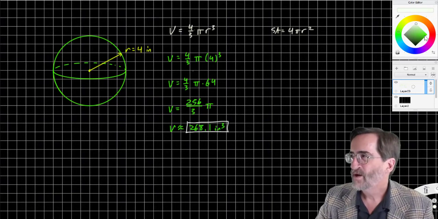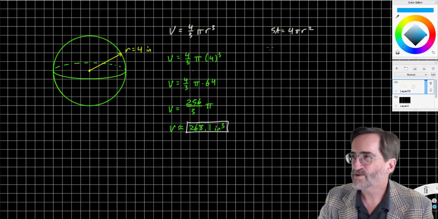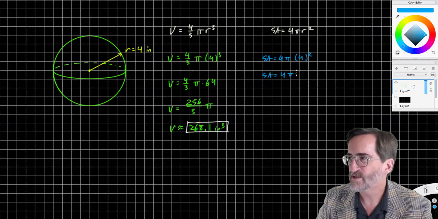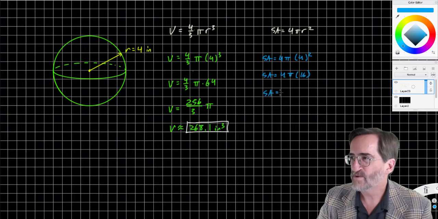Okay. All right, and let's do the same now for surface area. The surface area is 4 pi r squared, where the radius is 4. So the surface area is 4 pi times 16. If I need to leave the answer exact, I multiply 16 times 4 and get 64 pi.